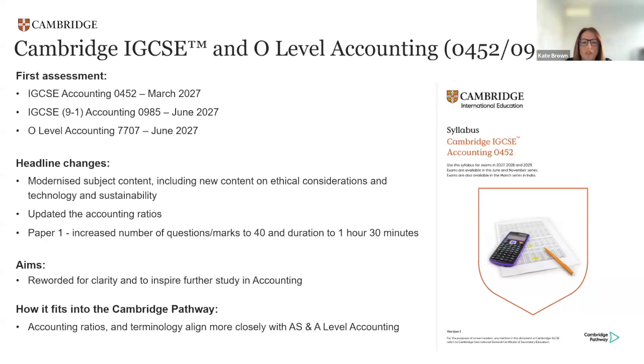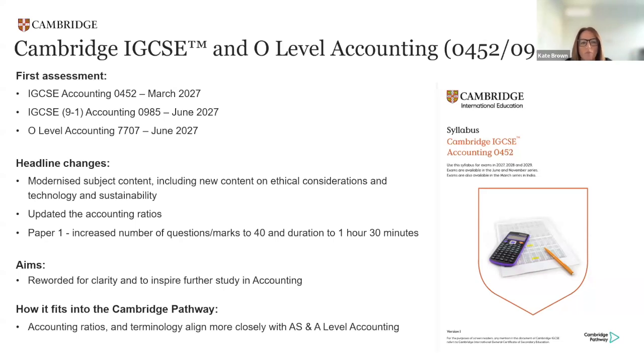The main changes I will go into in more detail in the next few slides, but the key changes are that we have modernised the subject content by including new content on ethical considerations and technology and sustainability.